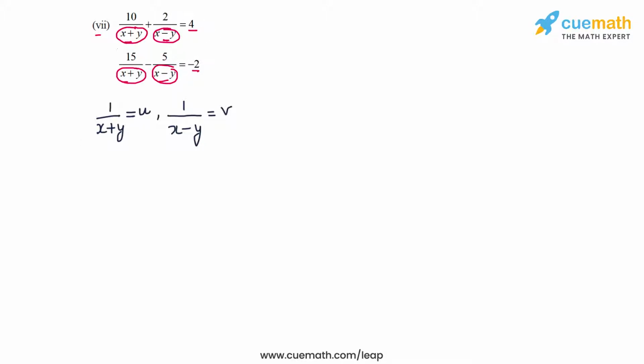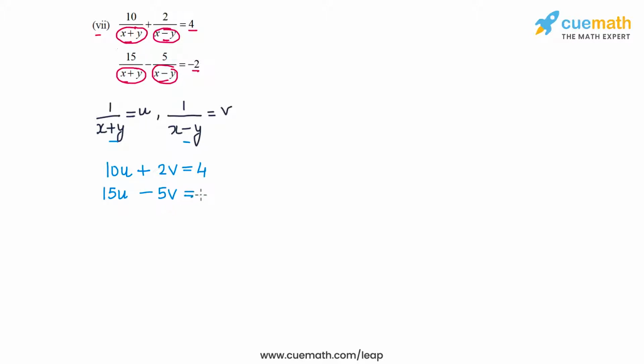So let's do that. If I make these substitutions, what do I get? I get 10 by (x plus y), or 10u, plus 2 by (x minus y), or 2v. This is equal to 4, and then I have 15 by (x plus y), so that's 15u, and then I have minus 5 by (x minus y), so that's minus 5v.